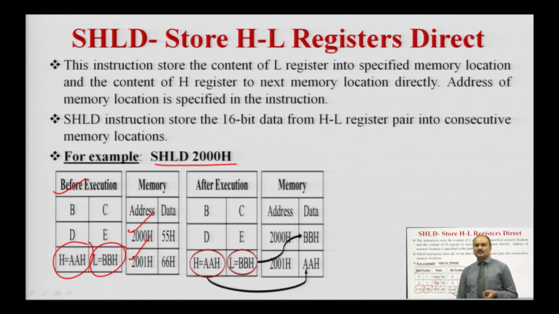After the execution of this instruction, the content of L is stored into the memory location having address 2000H. So, the content of memory location 2000H becomes BBH and the content of next memory location, 2001H, becomes AAH. So, this instruction will store the content of HL register pair into the two consecutive memory locations having address 2000H and 2001H.